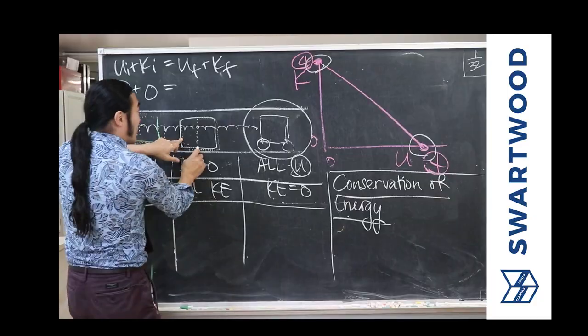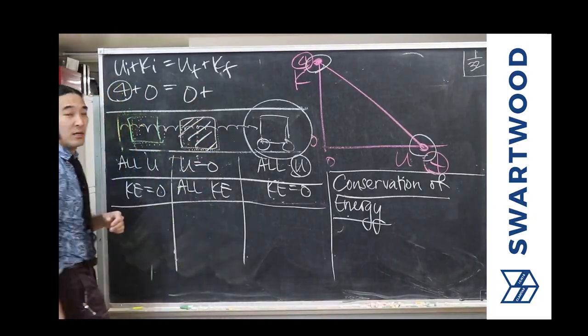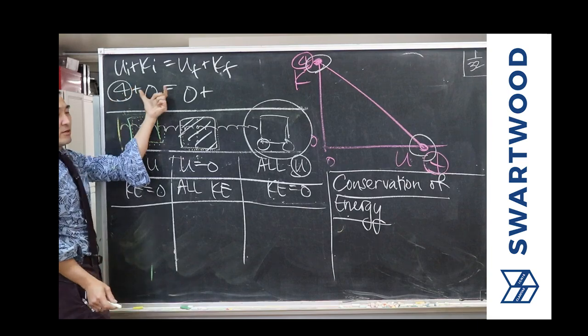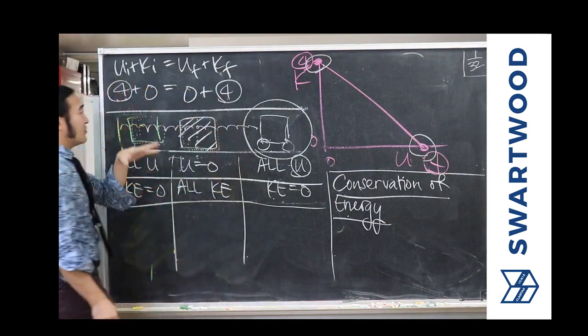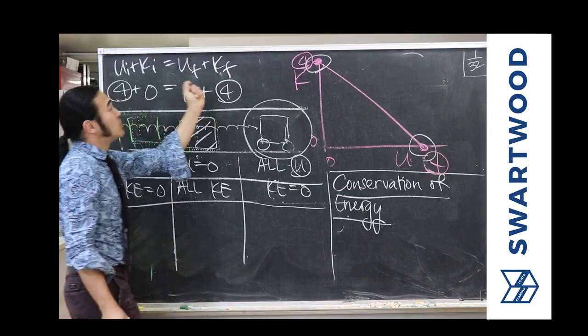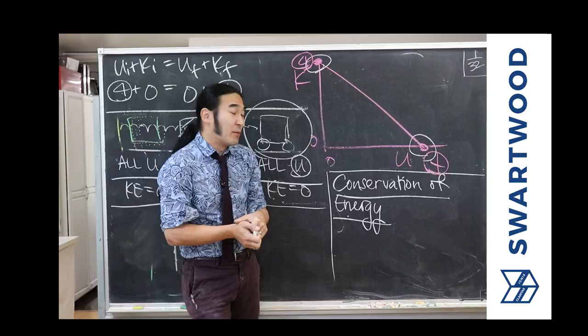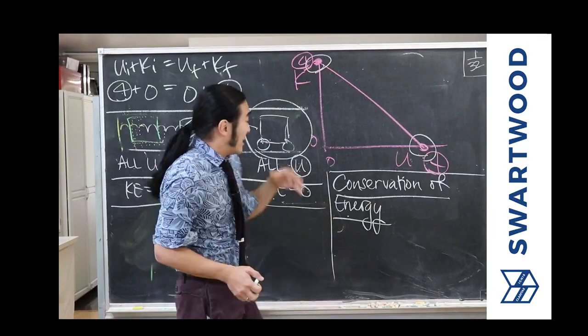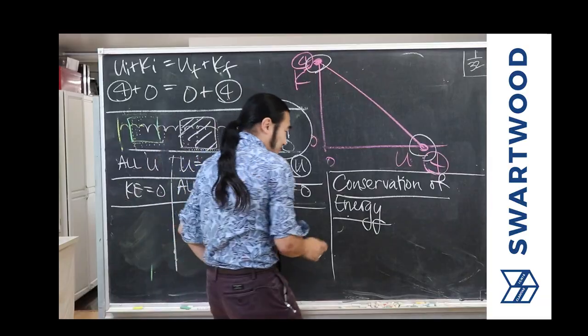All right, so now we're here. So it's equivalent being right here. So the potential is 0, right? And now it's just literally 4 plus 0, the number can't change, must be 0 plus 4. So what you've really done is you've converted potential energy to kinetic. So on the AP exam, to keep it clean, you want to say something like, by the conservation of energy, the energy can't change because there's no work being done from the outside.